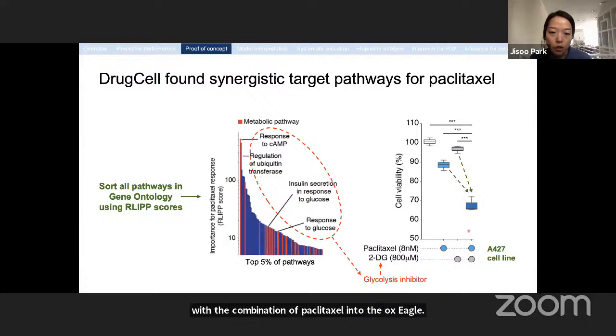The plot shows that more cancer cells died when treated with the combination of both treatments than when treated with an individual drug, indicating the synergy between paclitaxel and 2-deoxyglucose.